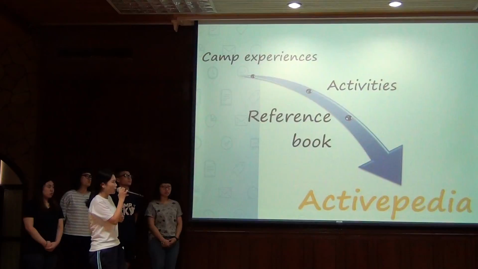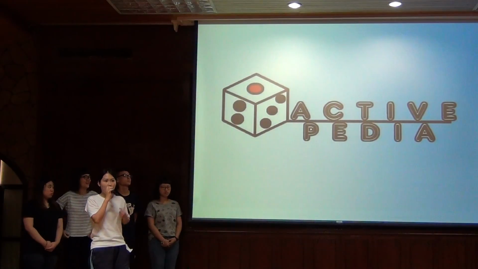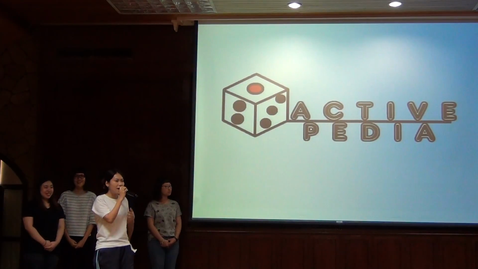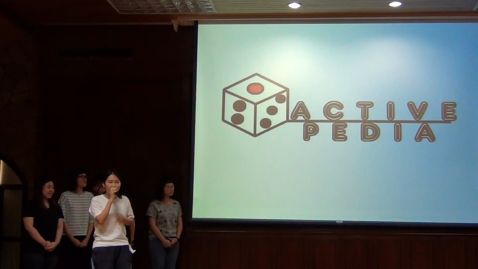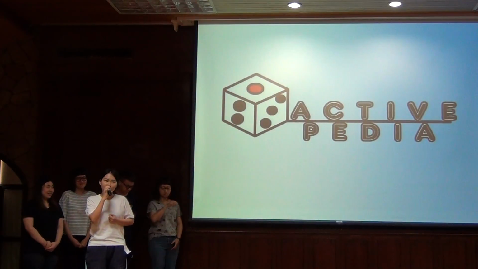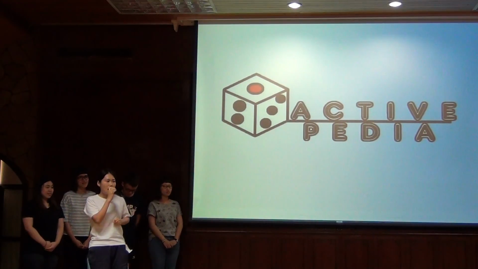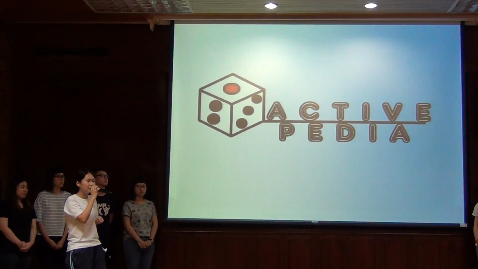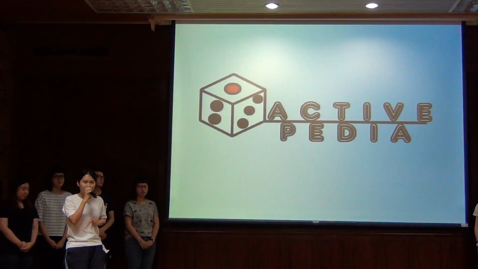In addition, we also designed a logo. Our logo has a dice. It means a symbol of entertainment, and a line connects the dice with the word Wikipedia. We hope that through activities, teachers and students can have more fun in the class.